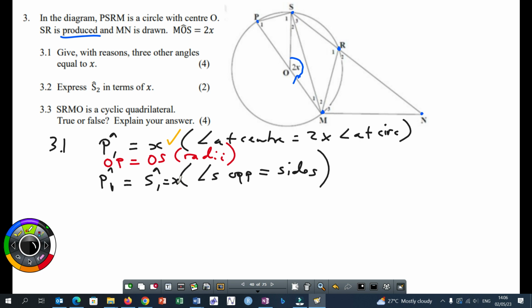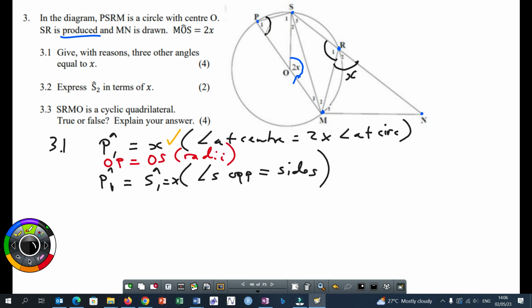Yeah, but like that, that's what I meant. Yeah, but you see, here we need to identify another angle. If P1 is x, right? P1 plus R1 will give us 180. So it won't be equal to x. But R2, it's an exterior angle. So R2 is x because it's an exterior angle of a what?